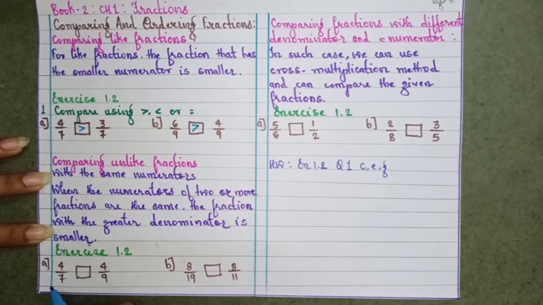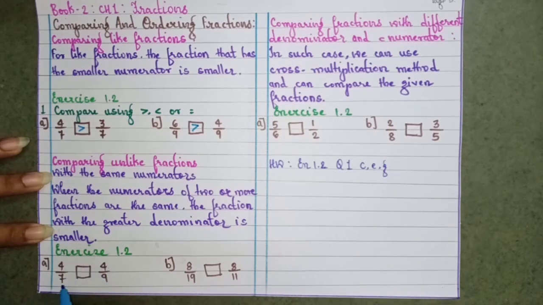The greatest denominator will be the smallest fraction. So 4 by 7 and 4 by 9. Just see the change in denominators. Here is a 7, here is a 9, and you know the greatest denominator is the smallest fraction. So this is the smallest one and this is the greatest one. So 4 by 7 is greater than 4 by 9.